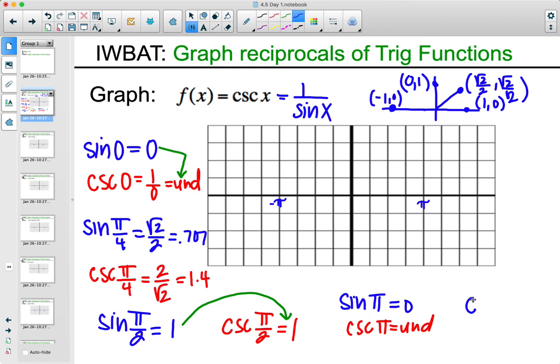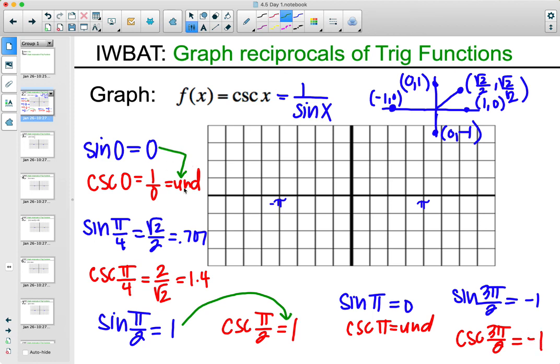If we look at sine of 3 pi over 2, or 270 degrees, which is right here. This is going to be the ordered pair 0, -1. So sine is going to be -1. Cosecant is going to be the flip of that. So we're going to do 1 divided by -1, which is -1.